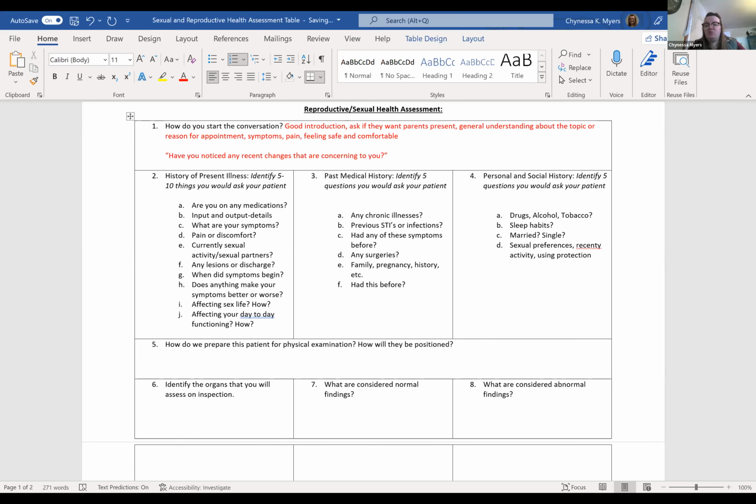I'm just going to put all of that under one thing, and partners. Recent activity. Okay, using protection, partners, oral, anal sex, sleep history. It's cancer related, yes, family history.